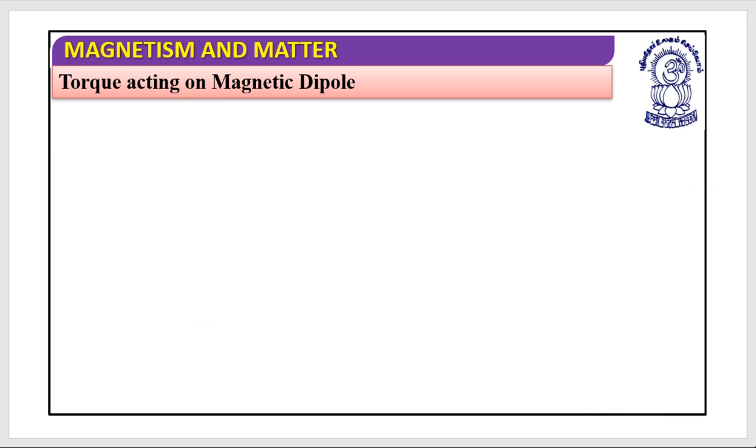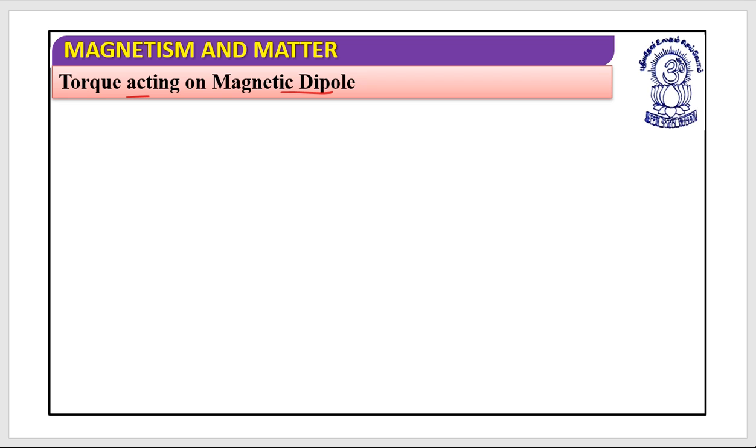Now let's find out the torque acting on the magnetic dipole. These are all theories that we have covered in the last unit, moving charge and magnetism. So you must remember each and everything based on this.